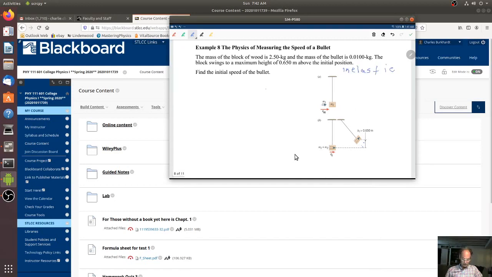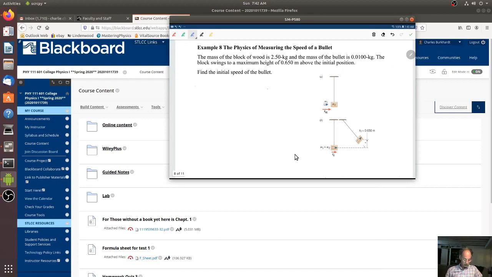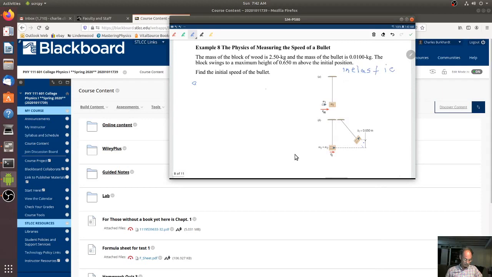So that means that the initial momentum, so this is the first part, part A, I guess. The initial momentum is that of the bullet alone because the block before the collision is not moving.